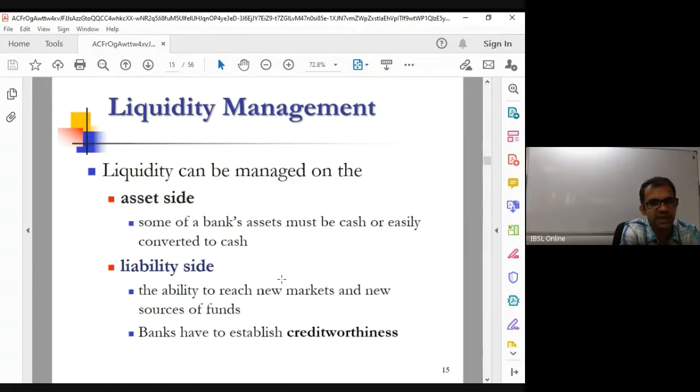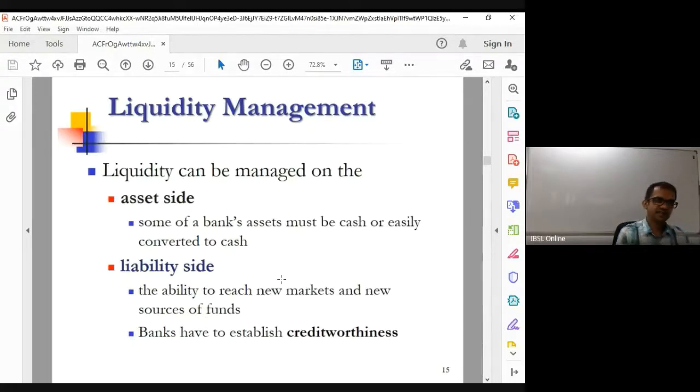That means the bank or the financial institution should maintain a sufficient level of cash or assets that can be easily converted to cash. That's why regulators also impose liquid asset ratios and other liquidity coverage ratios.